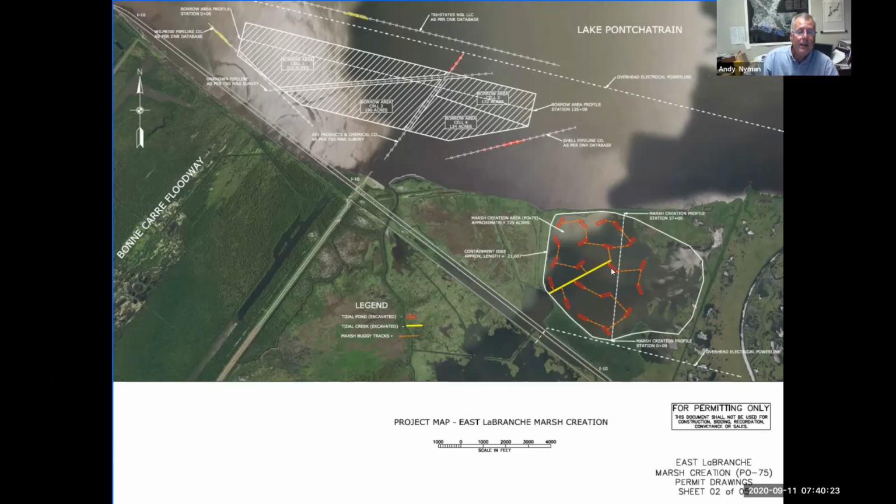But then the extra weight of that sediment in the sediment holes is going to cause much more induced subsidence under those holes than adjacent to them. And they should end up with ponds throughout their marsh. And they're hopefully going to have a tidal creek as well, connecting some of them.